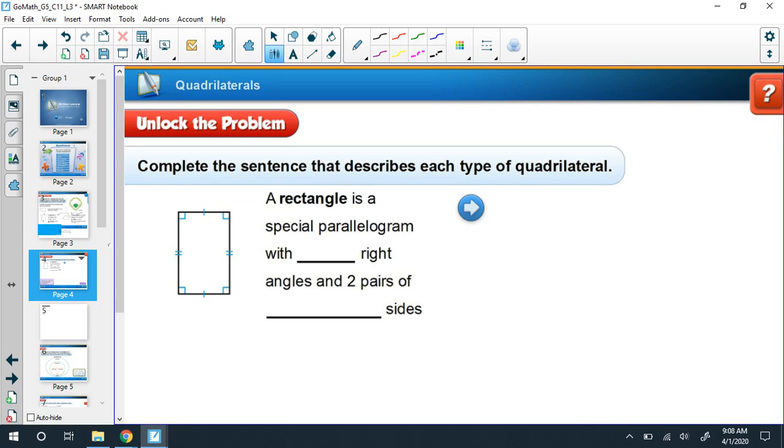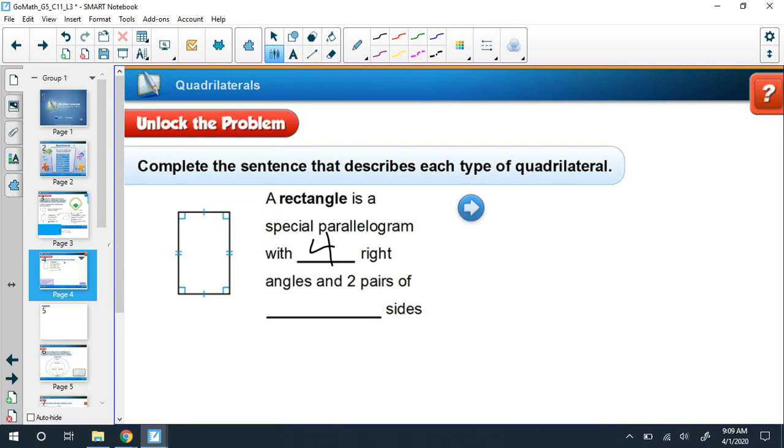A rectangle is a parallelogram. It is a parallelogram because you can see here that we have two sets of opposite sides that are congruent and parallel, making it a parallelogram. The difference is what makes a rectangle special is that it has four right angles.